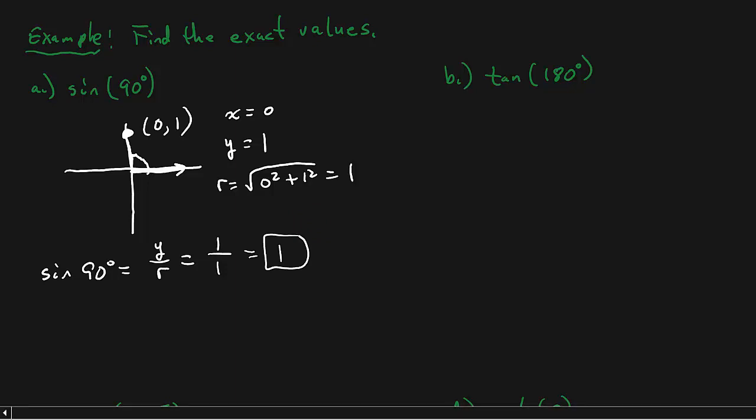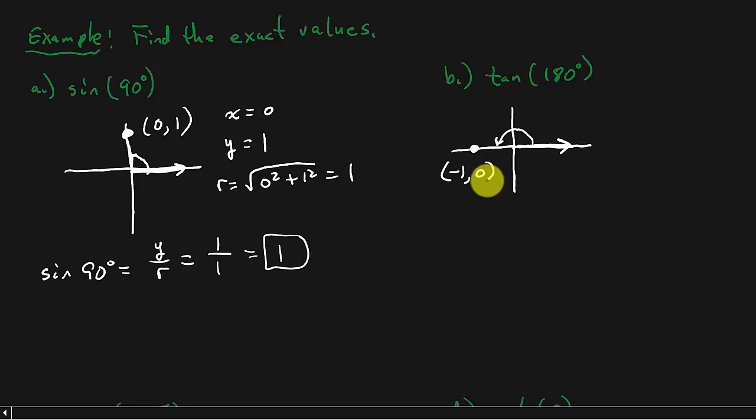All right, so what about tangent of 180? Well, let's draw this. If this is my initial side here along the positive x-axis, 180 would be over here. It would be rotating there to 180. Now, what would this point be? Well, if I'm moving to the left, I can make this point -1, 0.